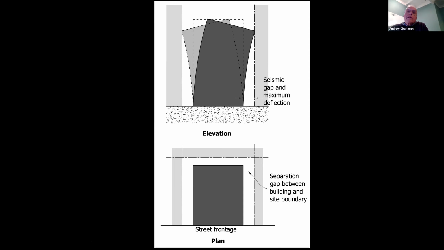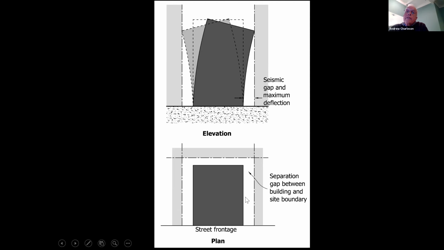What is the size of this gap? The size of this gap depends on the height of your building and the flexibility of your building. You will have to ask your engineer what that gap must be in order to avoid pounding.